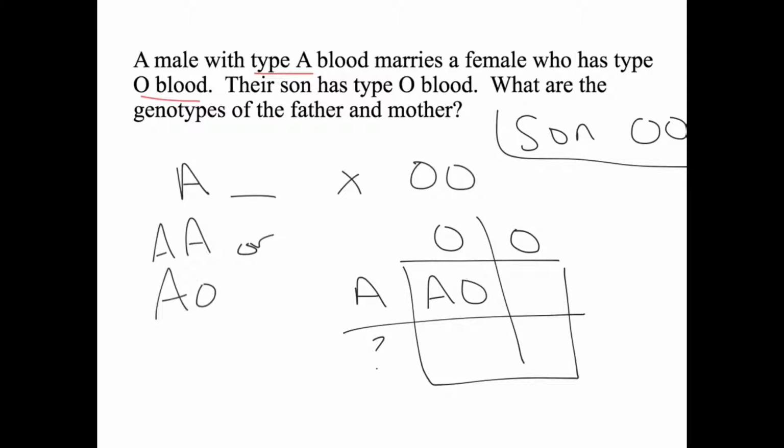So we can fill in the Punnett square with this information, and then we look at what we know of the son's genotype. So for us to be able to get a child with type O blood, the father has to have an O allele to give to his kids. This means that Dad has to have the genotype AO. So he is heterozygous for type A blood.